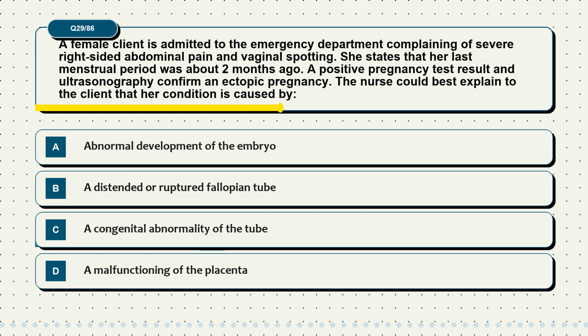The nurse could best explain to the client that her condition is caused by. Here are the options. Option A. Abnormal development of the embryo. Option B. A distended or ruptured fallopian tube. Option C. A congenital abnormality of the tube. Option D. A malfunctioning of the placenta.